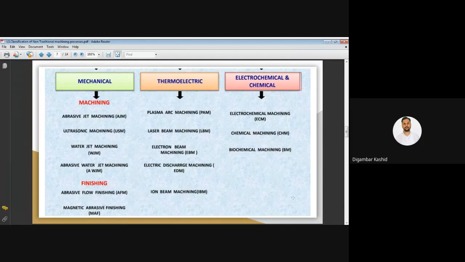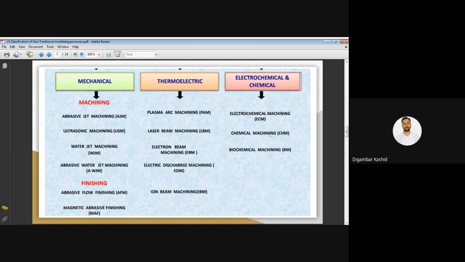If you want to go into detail about the finishing processes, you can refer to the reference book, Advanced Machining Processes by Vijay Jain. In our syllabus we have AJM, WJM, USM, AWJM, then LBM, EBM, EDM, IBM, then CAM, ECM, ECG, PCM, CHM.